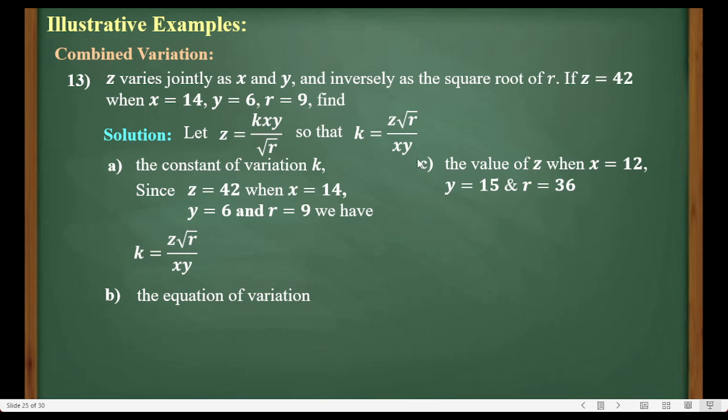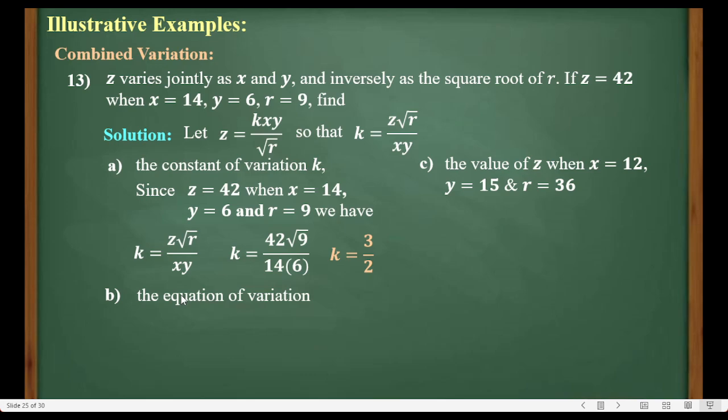Taking this equation and substituting the values, k is equal to 42 square root of 9 over 14 times 6. And you simplify, we have 3 halves.